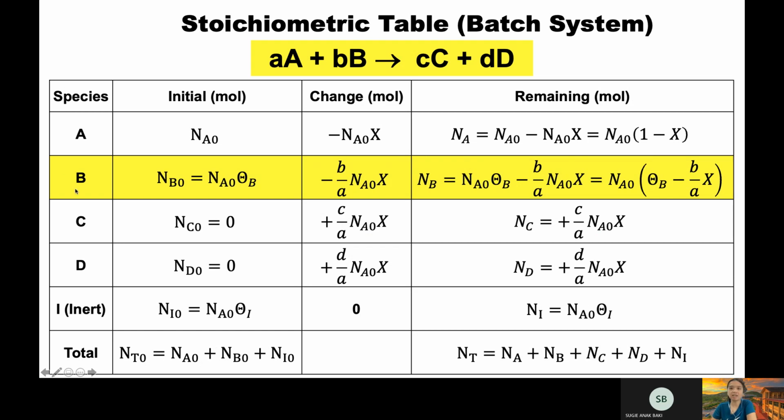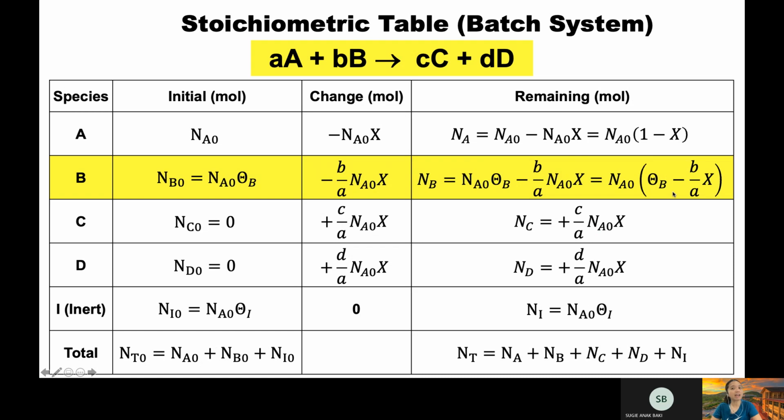Okay, what about B? Okay, so dalam case ni, again, NB equals to, you take your initial NA0 theta B, combine with your change, net minus B per A NA0 X. So that's how you get NB equals to NA0 theta B minus B per A NA0 X. Or you can take out the NA0, dia jadi NA0 in bracket theta B minus B per A X. So now I get for my NB.